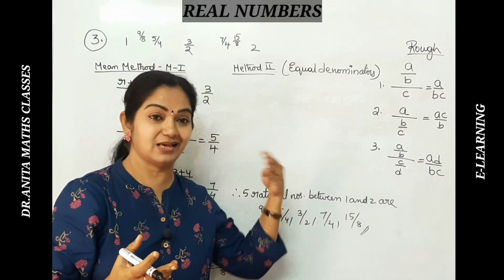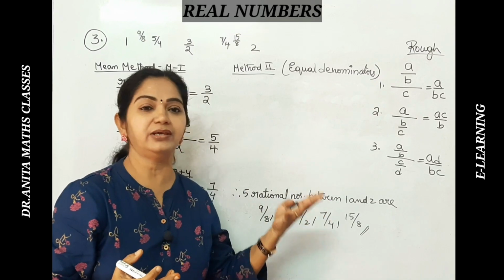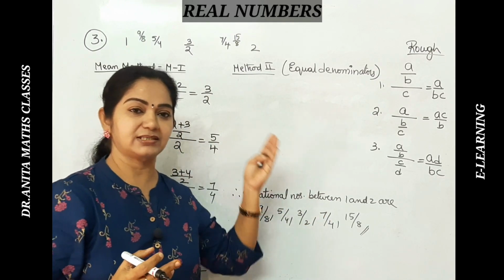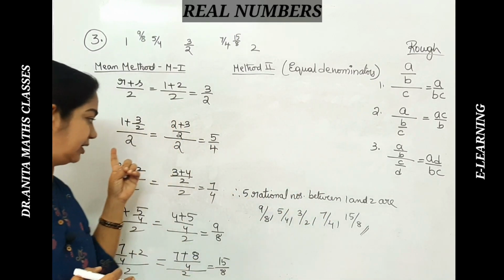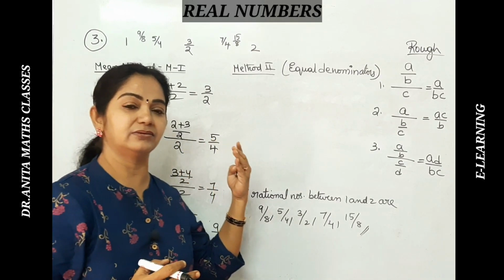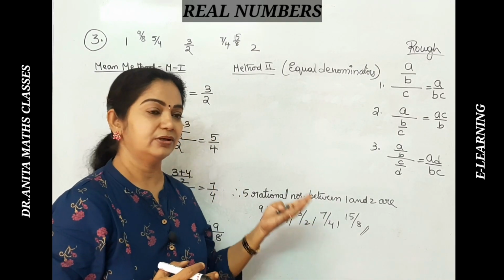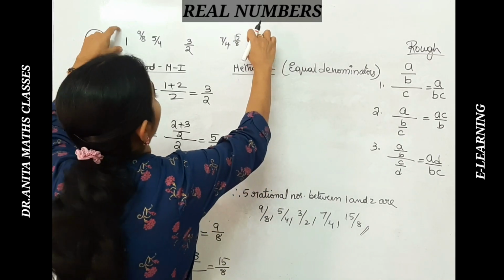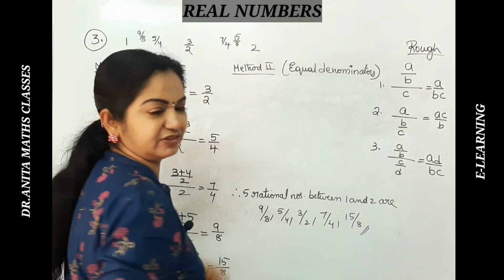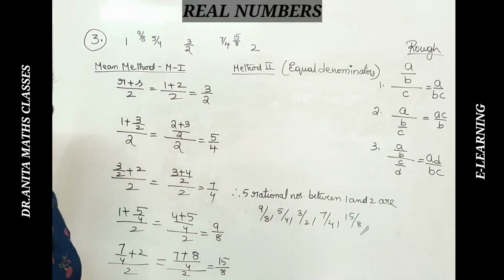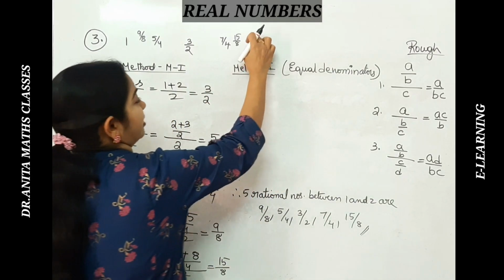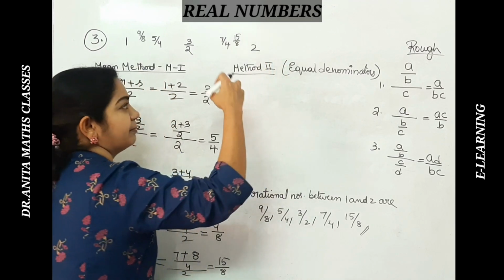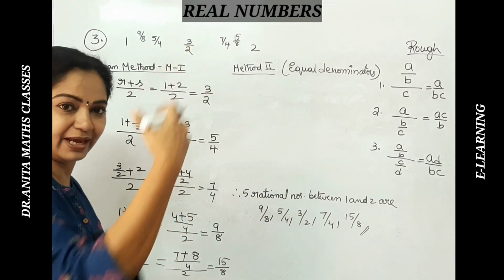If they are asking 7, 8, even 5, you can go for this method. If they are asking 2 or 3, you can use the mean method, and for more than 4 you can use this second method. Check whether the denominators are equal. If they are not, bring them to equal denominators by multiplying and dividing.